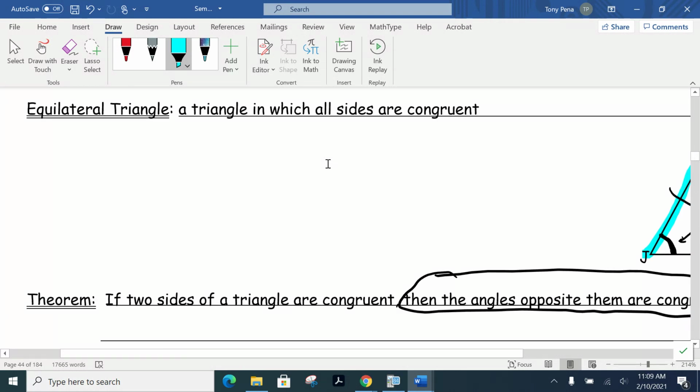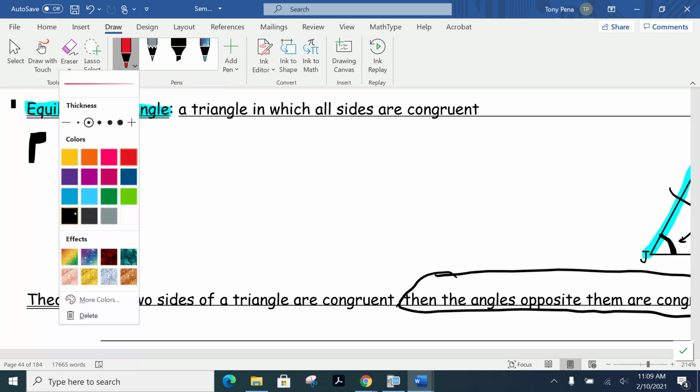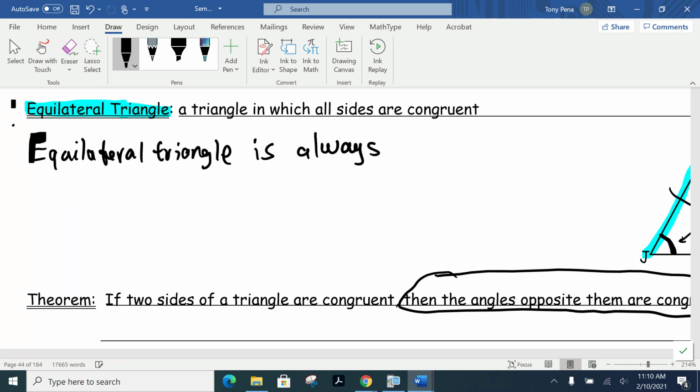So when we talk about an equilateral triangle, one of the things we want to know, another theorem, is that an equilateral triangle, which is what we have in the problem we're going to do here in a second, is always, so 100% of the time, an equiangular triangle.